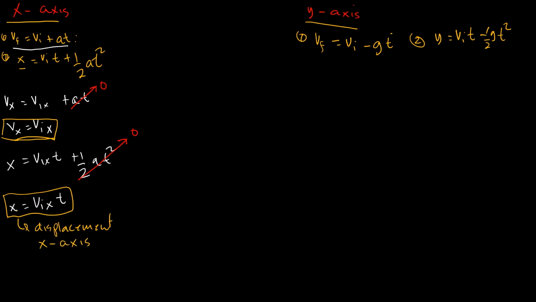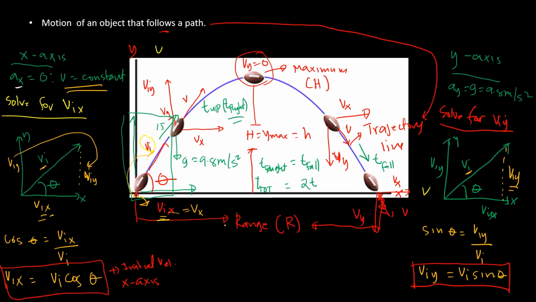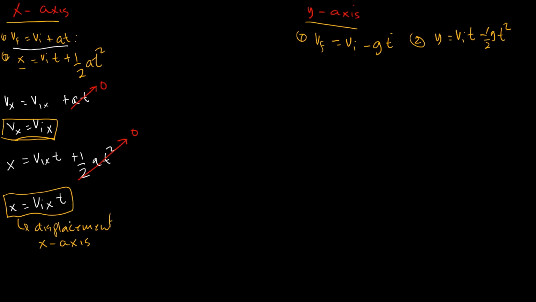Take note that x is equal to v sub ix times t can also be used to find the range of the projectile motion. That means that I can also assume that x here is equal to the range. Let's go back to that later. So we have another equation, which is for finding the displacement of the object along the x-axis.